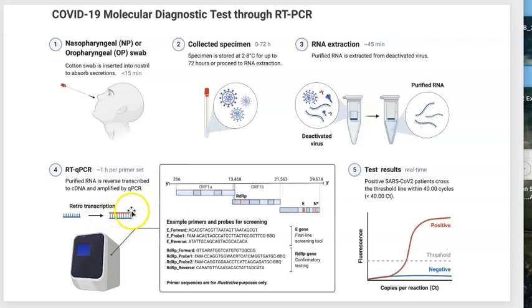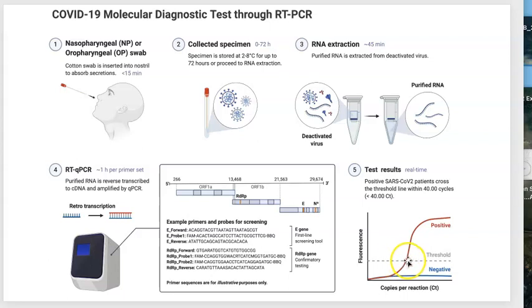And every time it does that, it adds a label that can emit fluorescence, and therefore the machine can detect the amount of retrotranscriptions that take place based on the amount of fluorescence that's formed. Over time, the number of reactions that have to take place in order for fluorescence to build up and cross over a threshold that you set on the machine.